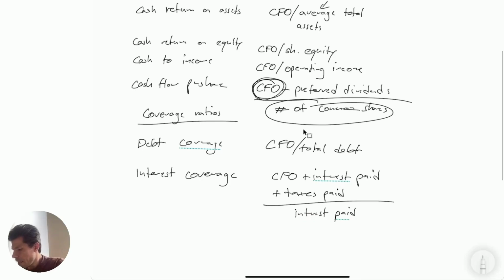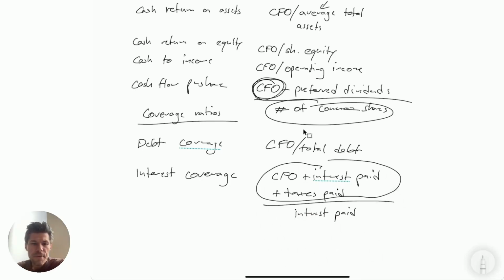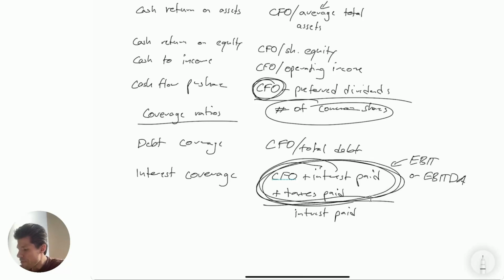Sometimes we use, instead of this figure, an EBIT or EBITDA figure as well. It is basically another ratio to tell you the company's ability to meet interest obligations, or how much cash do you have available to pay your interest.